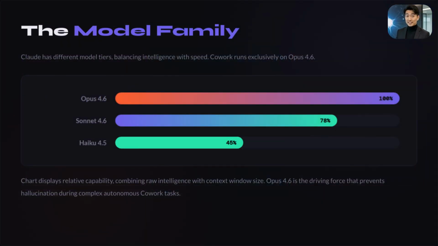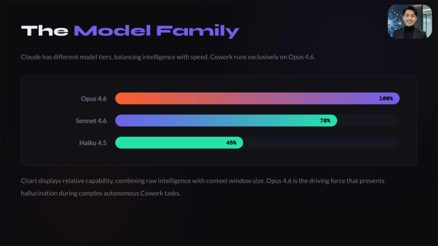Behind these interfaces is the intelligence engine, known as the model family. Claude operates on different model tiers, balancing sheer intelligence with speed. At the top is Opus 4.6, represented here at 100% relative capability. It is the most powerful model, boasting a massive 1 million token context window, and is the driving force behind Cowork.